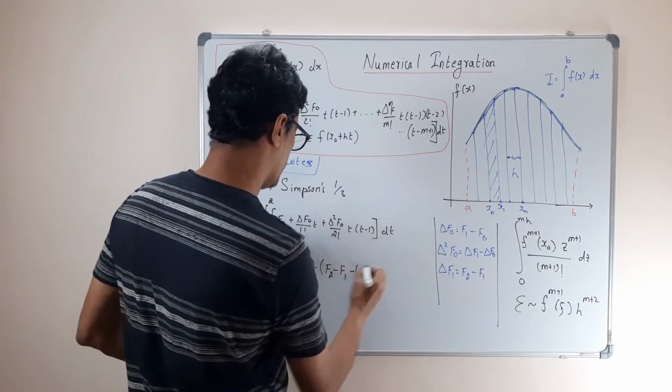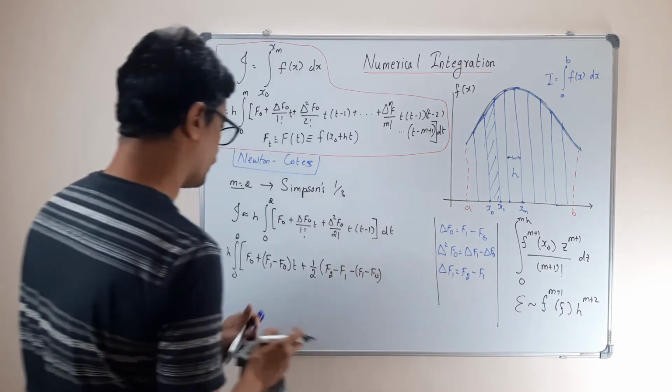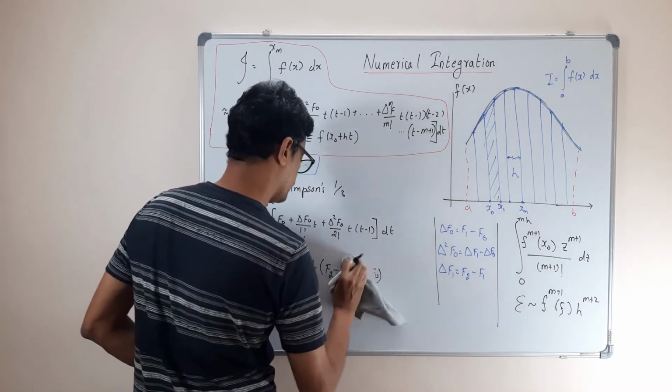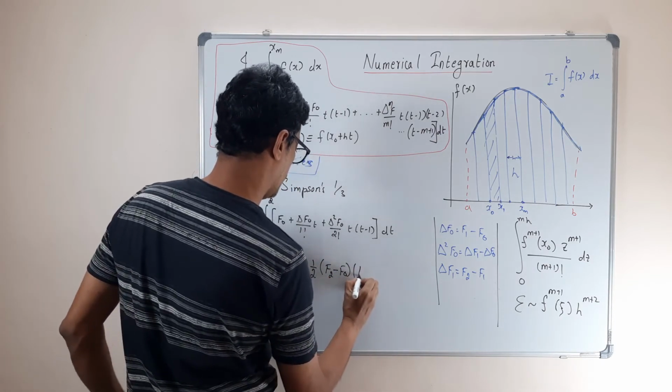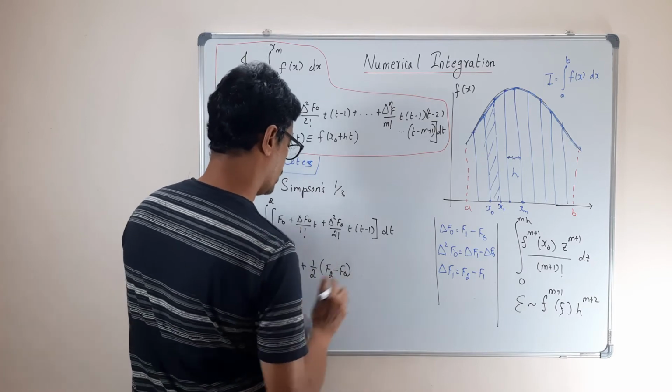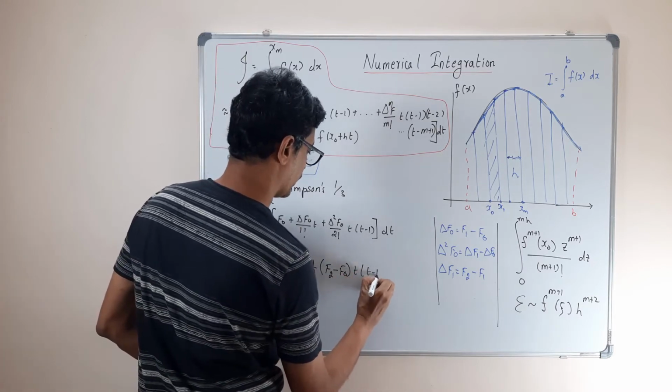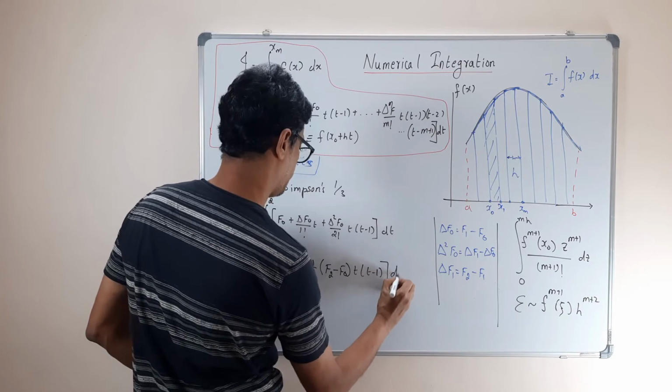So this will be f2 minus 2 f1 plus f0, into t into t minus 1 times dt.